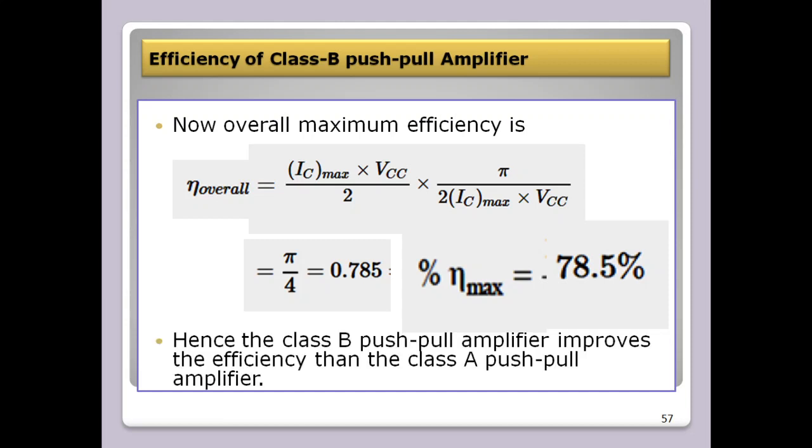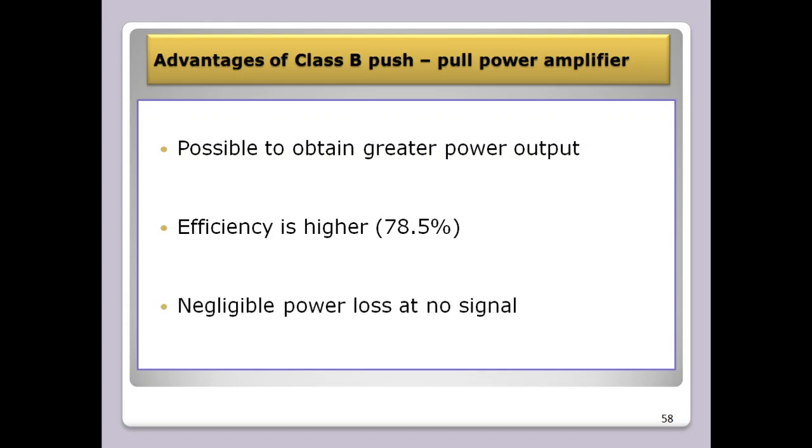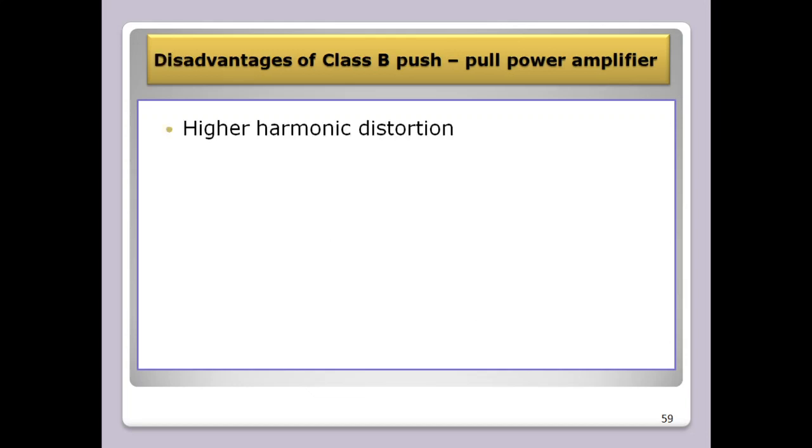Hence the class B push-pull amplifier improves the efficiency compared to the class A push-pull amplifier. It is possible to obtain greater power outputs with class B operation. The efficiency is higher, that is 78.5%, and there is negligible power loss at no signal, because no collector current flows with no input signal.